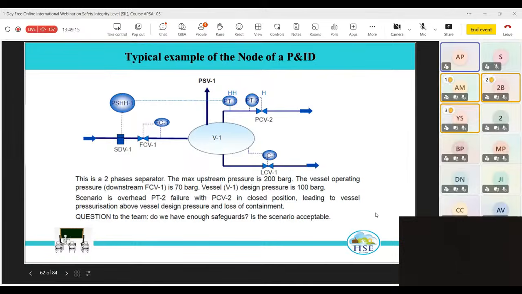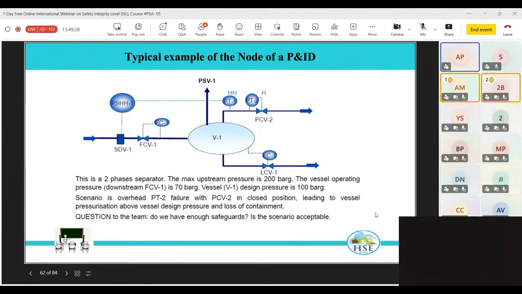So, have you understood this? I will explain for everybody's understanding. Typically, this is one node shown here, and the explanation given. They are saying that this is a two-phase separator. The two-phase separator means what?